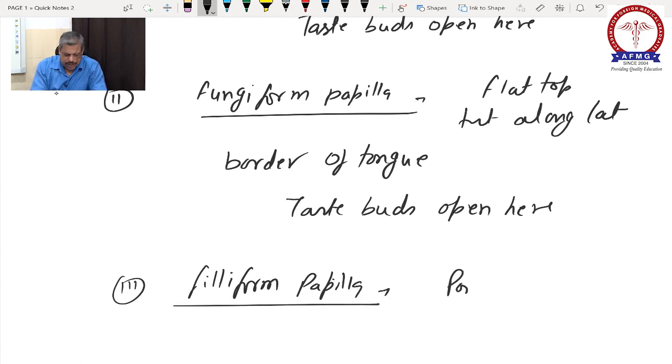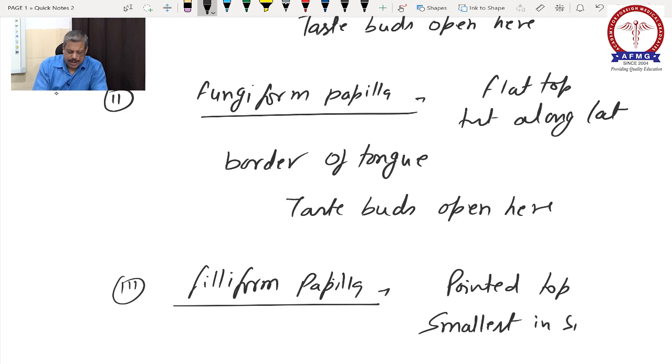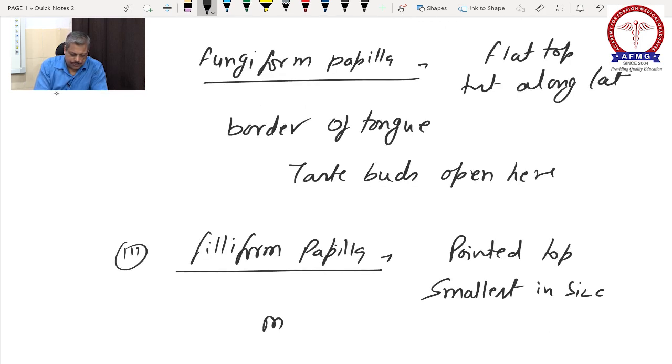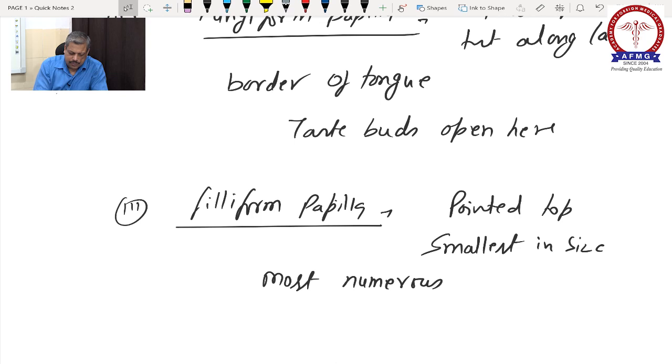Filiform. They have a pointed top. They are smallest in size, and they are most numerous. They have a pointed top, smallest in size, most numerous, and no taste bud opens here.